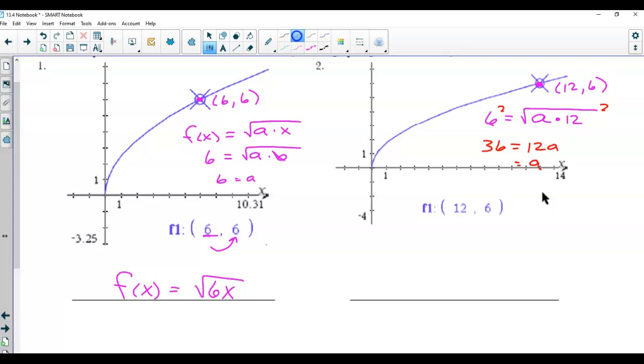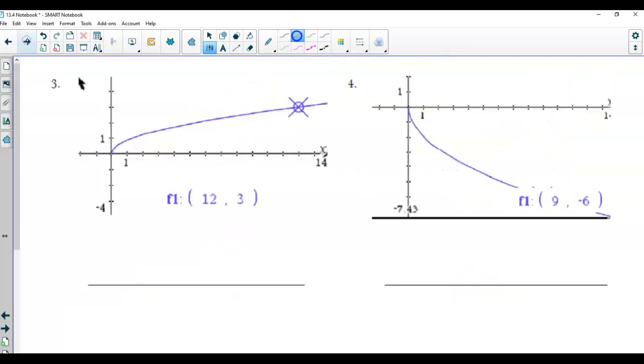So a has to equal 3, because 36 divided by 12 gives me a. So if f of x equals the square root of 3 times x, when I put 12 in there, 3 times 12 is 36. You take the square root of that, you get 6. So I'm just solving to find out what value I'm multiplying my x by to get there.